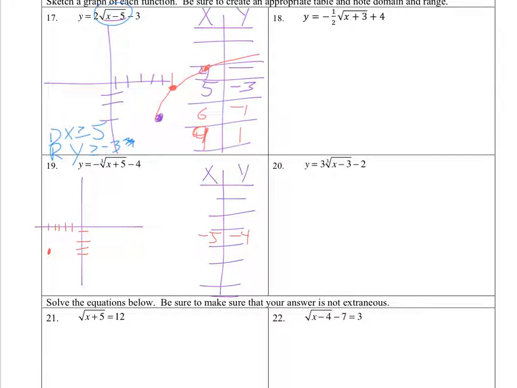If I go down 1 to -6, the cube root of -1 is going to be -1. Negative -1 is going to be +1, minus 4 is -3.